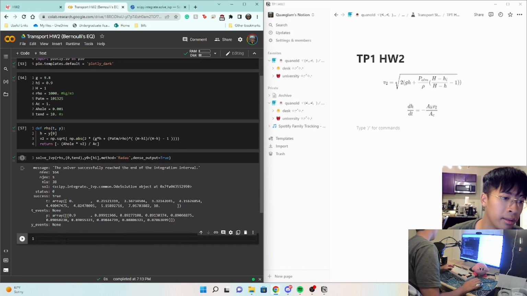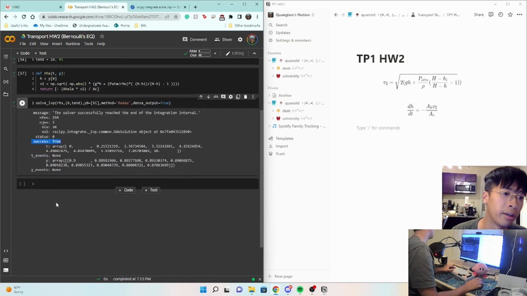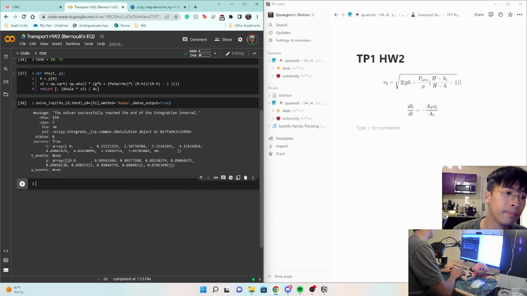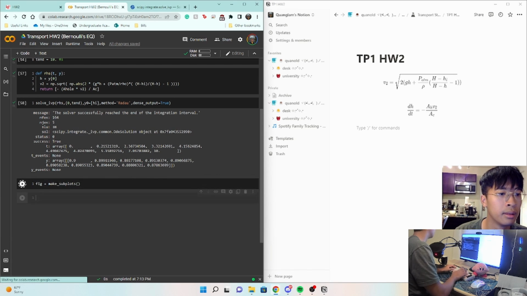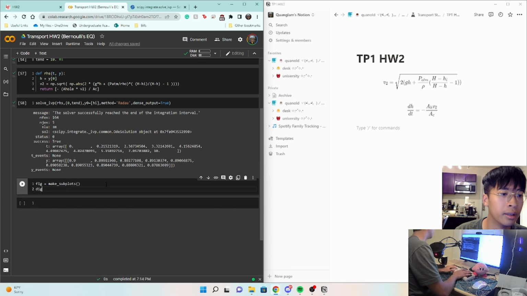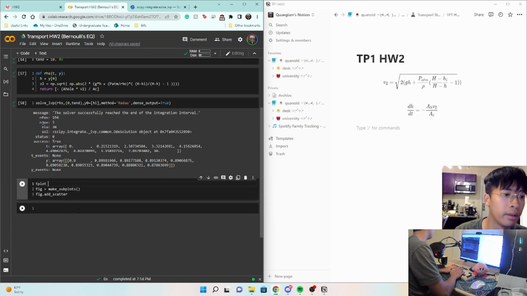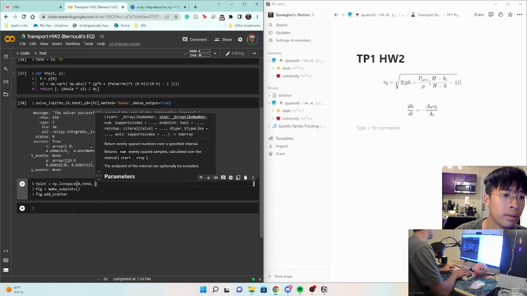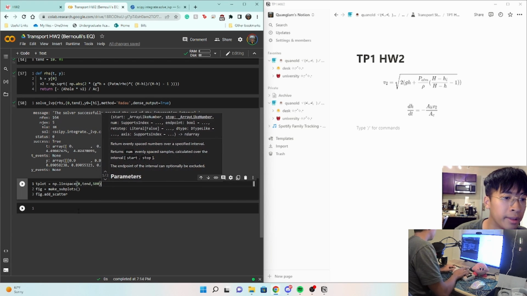Hey, suddenly it works. Success is true. So let's try and go off and plot it. So fig equals make_subplots, fig.add_scatter, and we need to make tplot equals np.linspace 0 to tend, and let's do like, I don't know, 500 points in between.